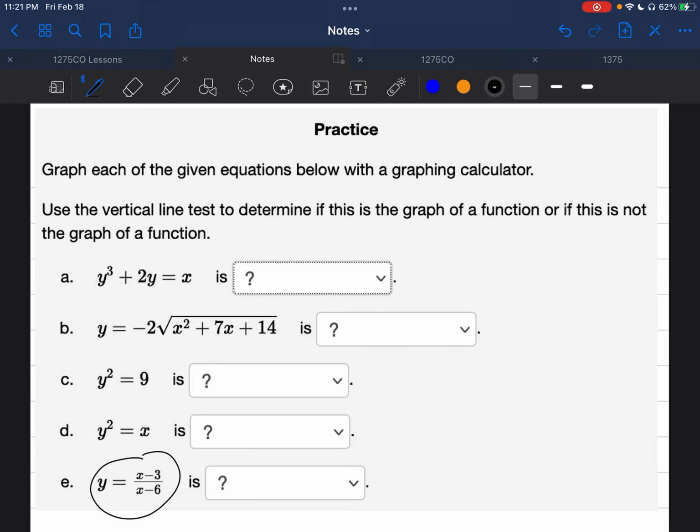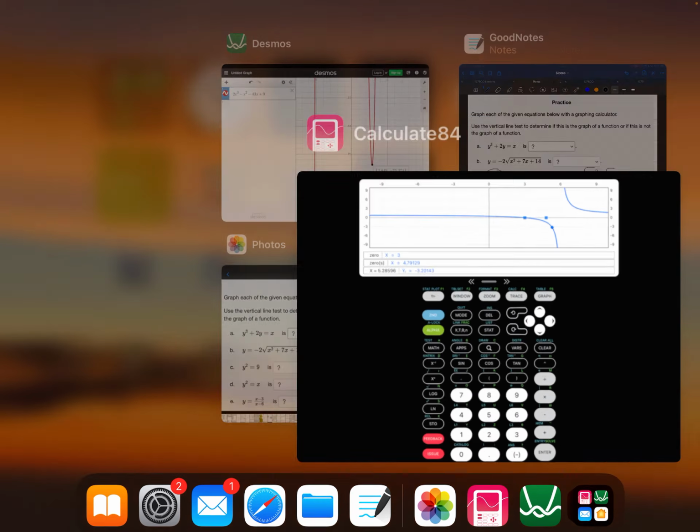In order to input something such as y squared equals 9, you're going to have to solve for y. With y squared equals 9, take the square root of both sides, and that means y is equal to plus or minus 3. So take your calculator.